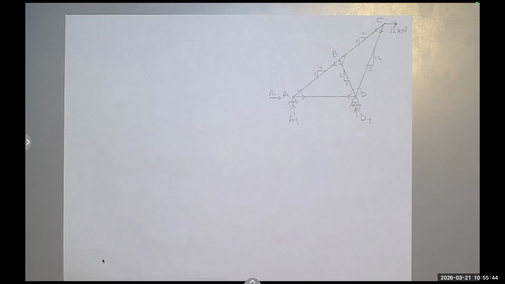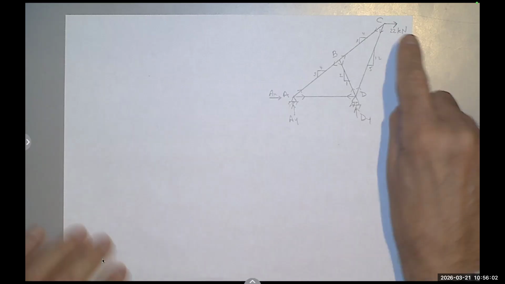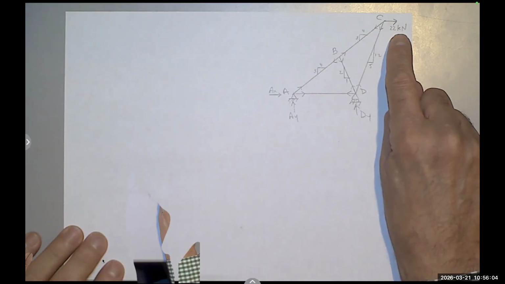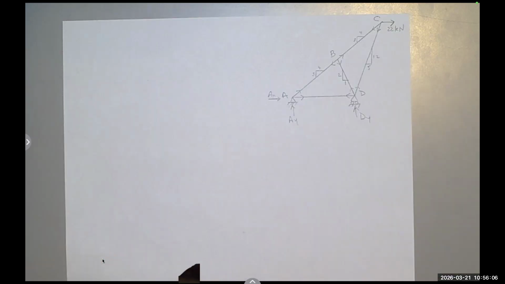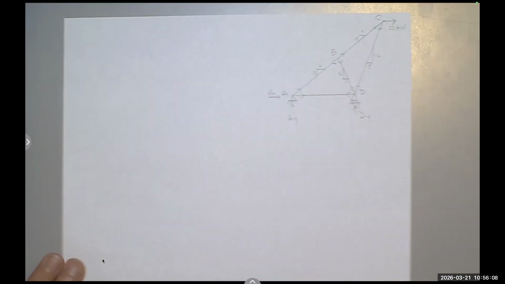Also, suppose you solve it manually and you end up with all the correct answers and you were very proud of yourself. And then your boss comes and says, oh my God, the other engineer, when calculating the forces, made a huge mistake. These 22 kilonewton are not applied at C, but at B. Oh my God.